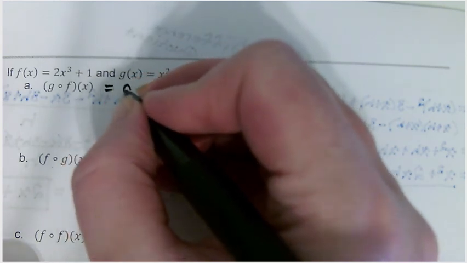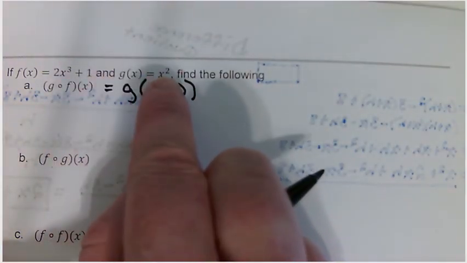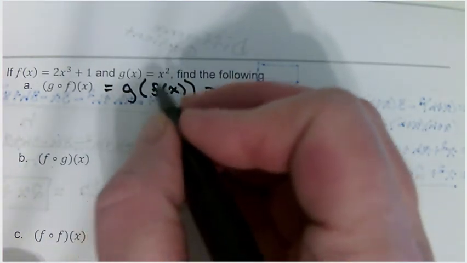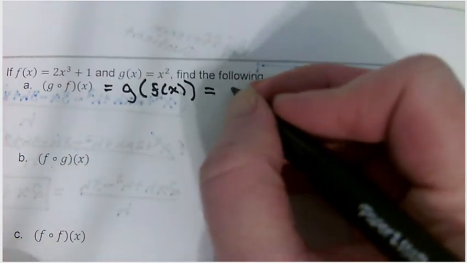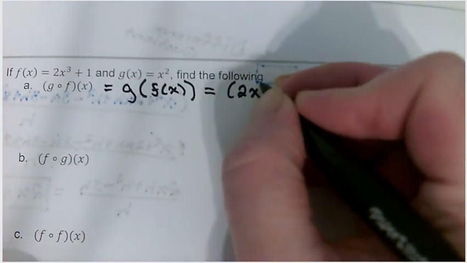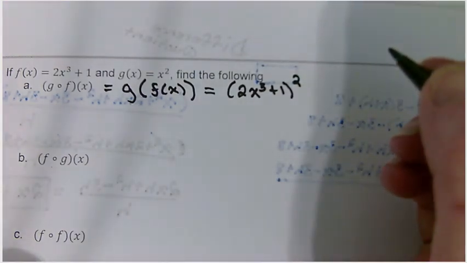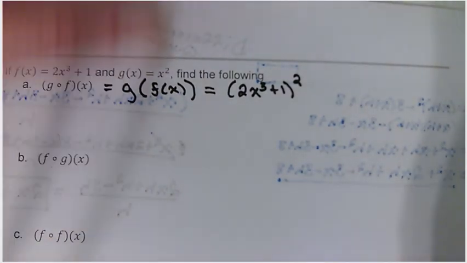This literally means that we are going to be taking g of f of x. So I'm going to take f of x and put it inside of g. Literally replace the x in g with f of x. It's kind of like substitution.